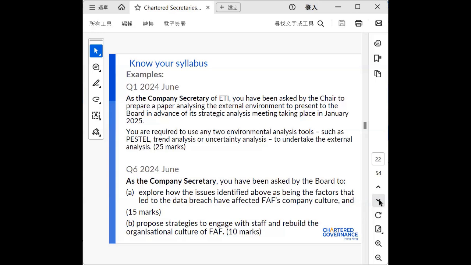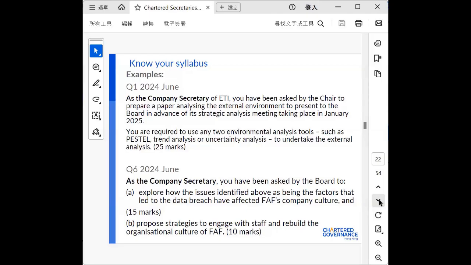In question 6, 2024 June, it says that as a company secretary, you have been asked by the board to explore how the issues identified above as the factors that will lead to the data breaches would affect the company culture, etc. So again, this is a question that asks about how the company secretary will help to build the company culture, or they would talk about the integrity of the company, something wrong with the culture that leads to the data breaches, and that sort of thing.